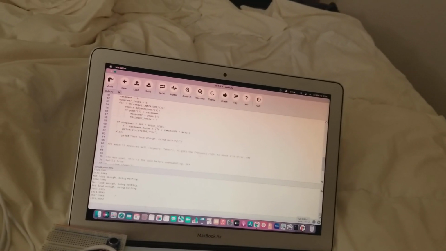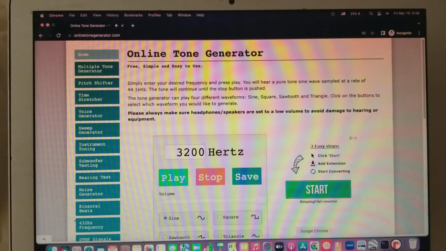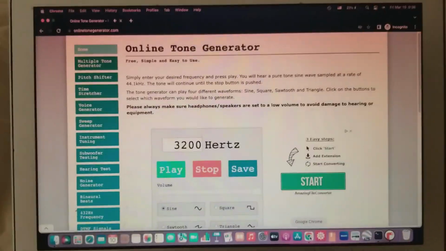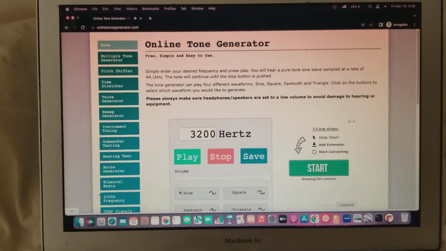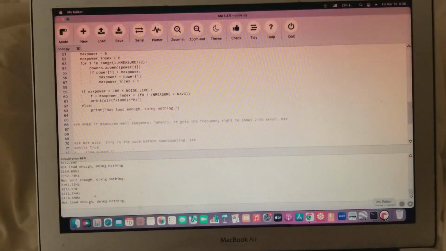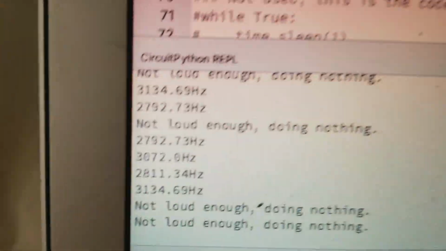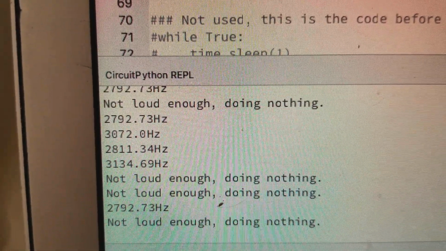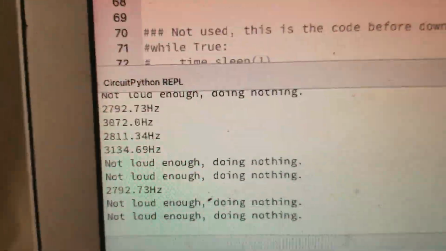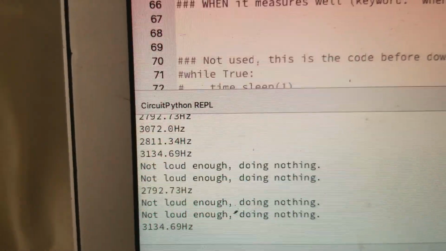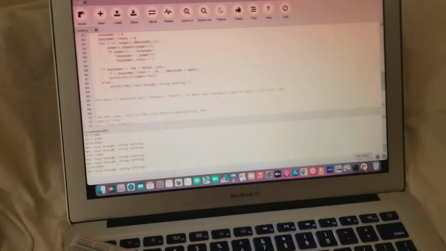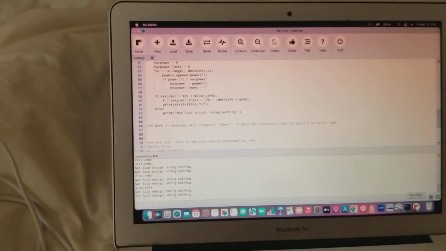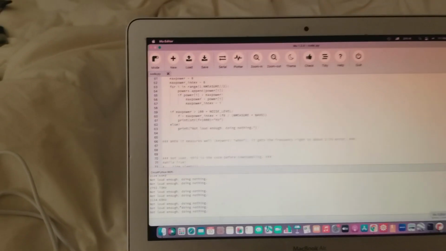And last we have 3200 hertz. So it would seem about 3134 hertz was the best we could get.